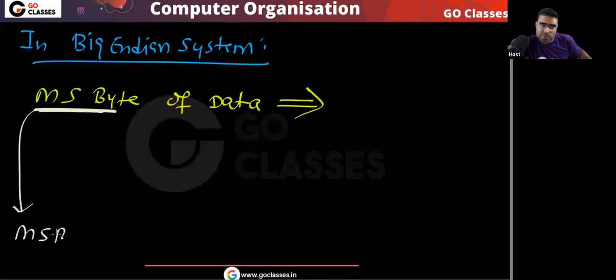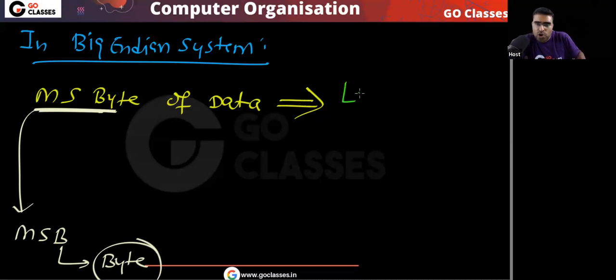This means MSB, but remember, this B actually means byte here. So tell me, most significant byte of data, where will that go? That will go to the lowest memory address.